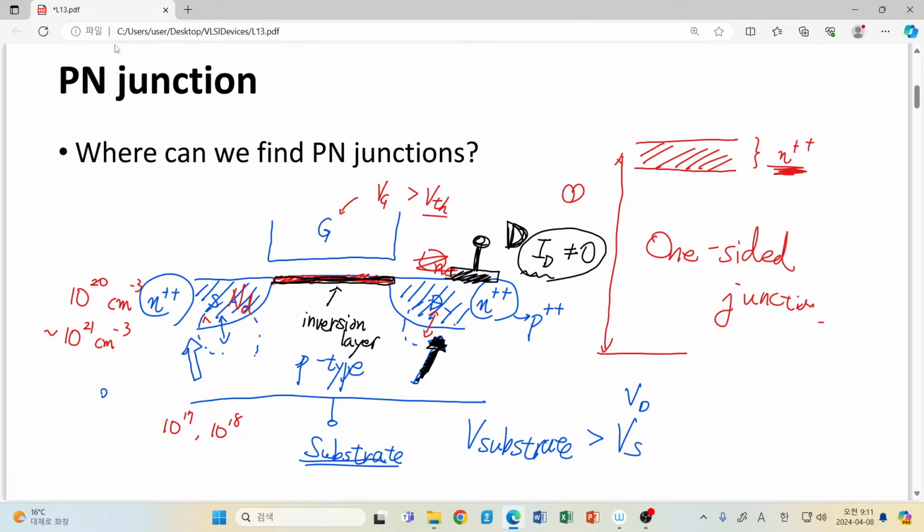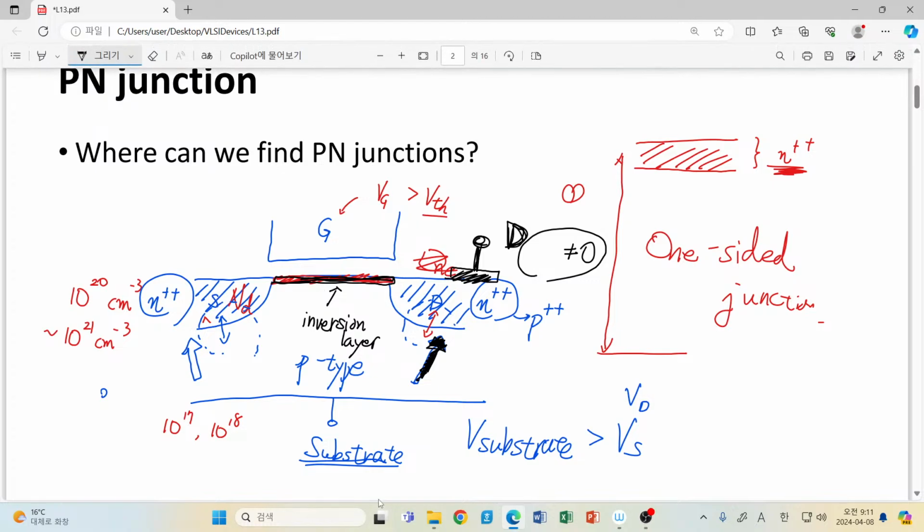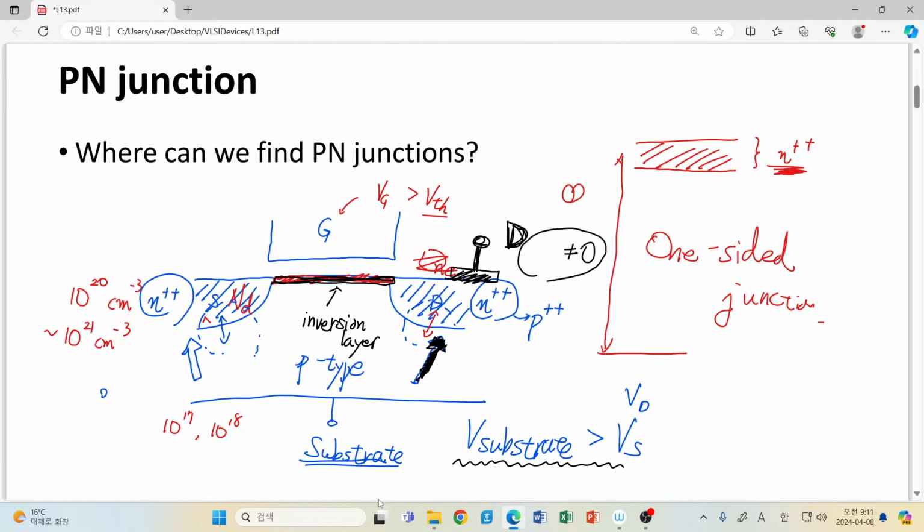Understanding the current conduction mechanism in the p-n junction is so important, because by understanding it, we can at least try to eliminate or suppress this leakage current. But please note that I have just assumed a really strange case, where the substrate voltage is higher than the drain voltage or source voltage. In practice, that never happens.